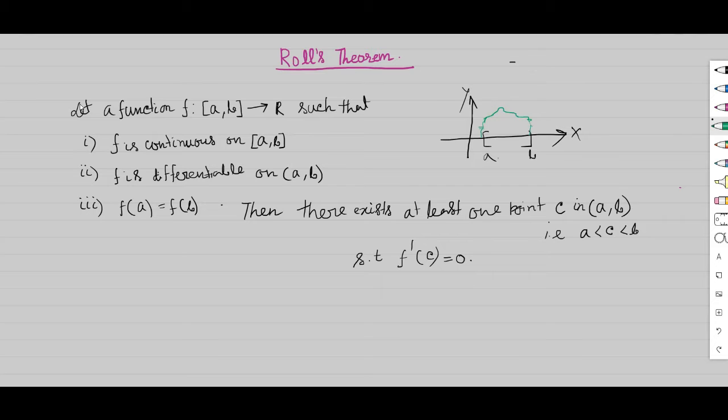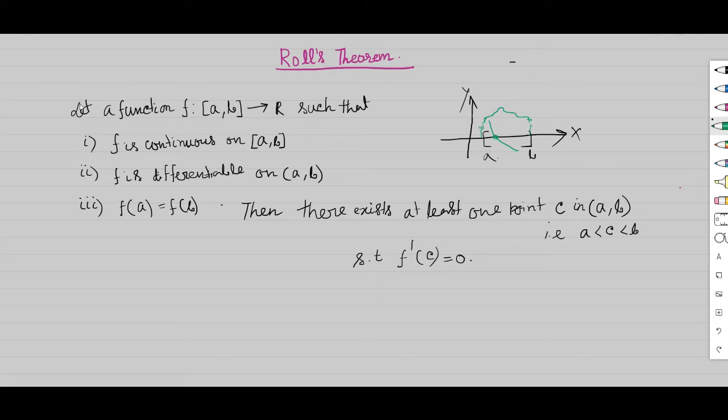So Rolle's theorem says that the derivative function of f has at least one 0 in this interval. If a function is cutting the x-axis, then the point of intersection is called the 0 of the function.